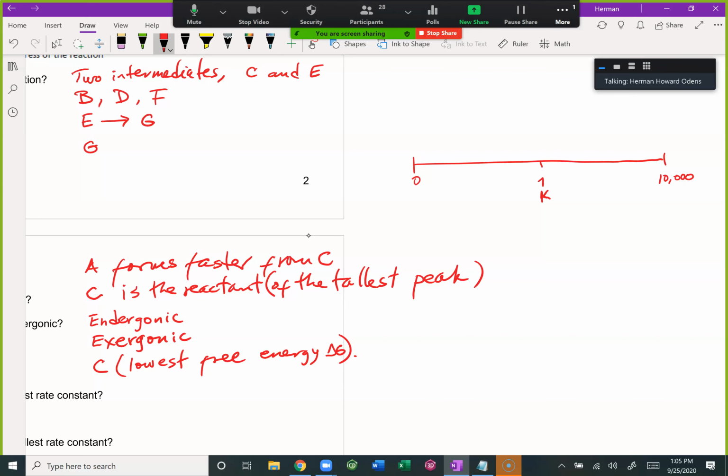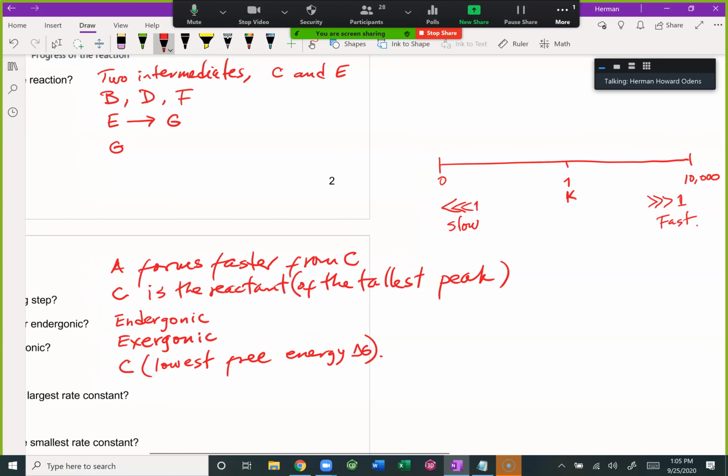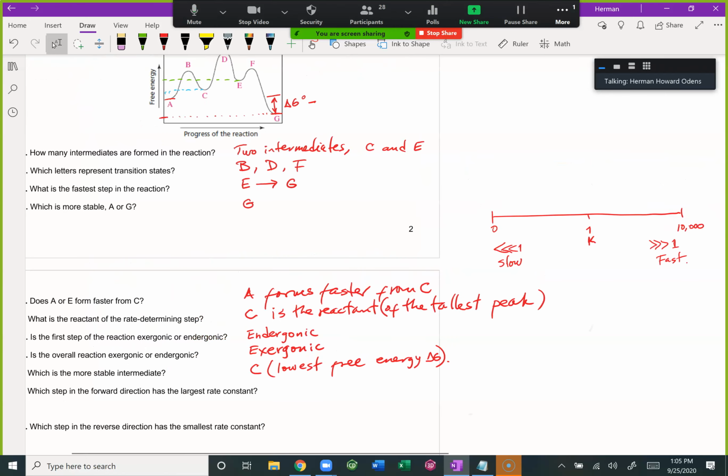It's not on scale, but just imagine this is on scale. So anything that is less than 1 is slow. Anything that is much larger than 1 is fast. So that's another way to think about the K, the rate constant now.